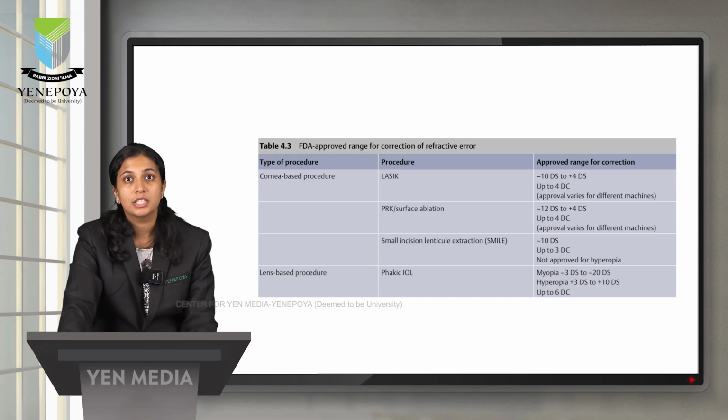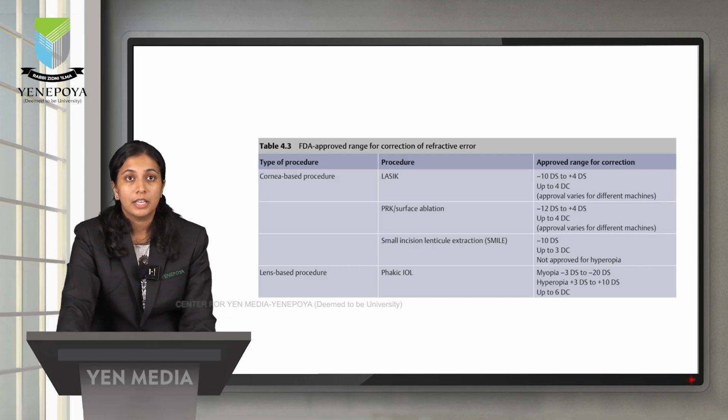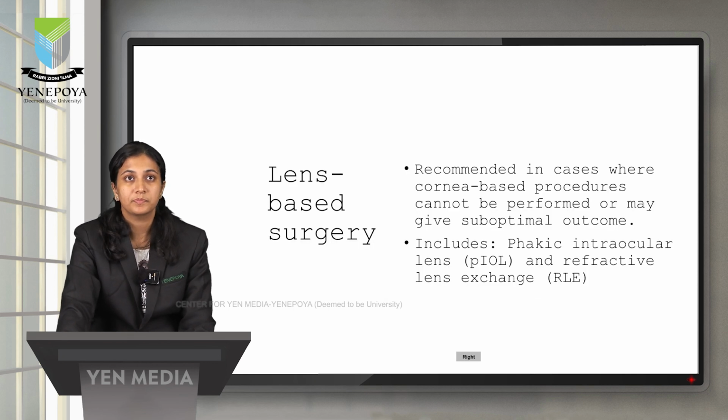The SMILE procedure is only done in myopic cases, so it's only up to -10 diopter sphere and up to 3 diopter cylinder. But in phakic IOL lens-based procedure, you can correct myopia from -3 diopter sphere to -20, hyperopia from +3 to +10, and up to 6 diopter cylinder.